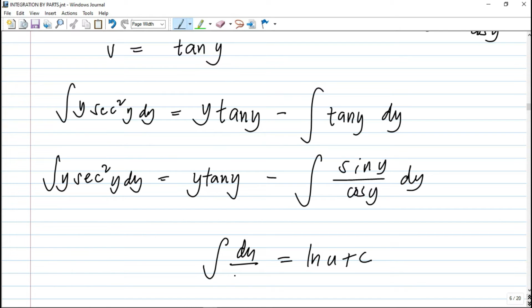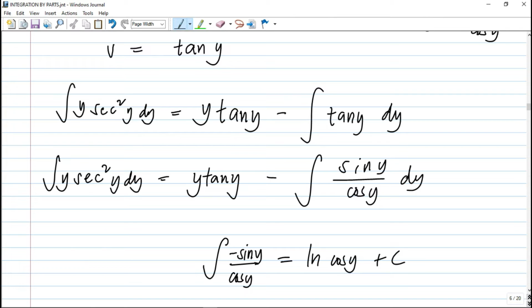What is the derivative of cosine y? From the formula, derivative of cosine y is negative sine y. So ang u natin here is cosine y, so this is our formula.